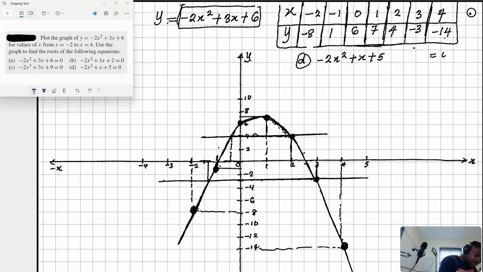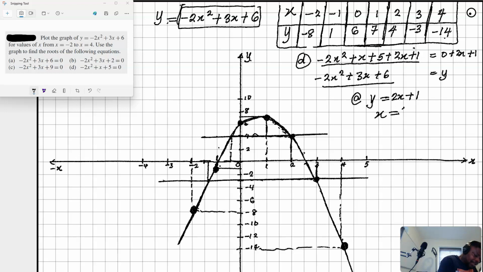This is equal to 0, and this is our curve, minus 2x squared plus 3x plus 6, and this is equal to y. And if I add 2x plus 1 on this side, and I add it to this side, okay? Because my left-hand side now is equal to my left-hand side, it simply means the right-hand side should be equal. So y is equal to 2x plus 1.